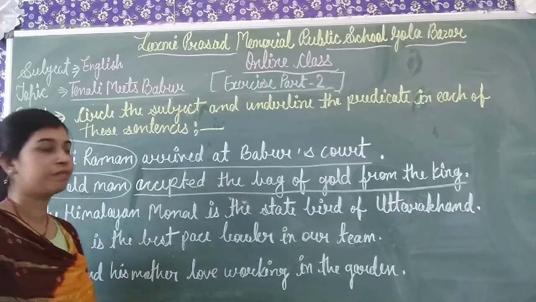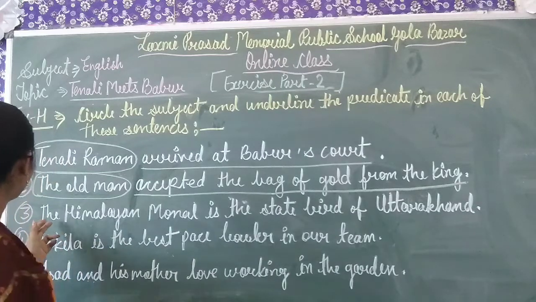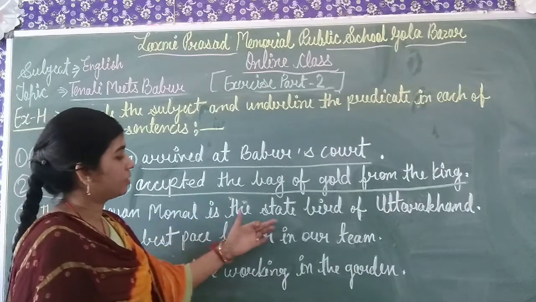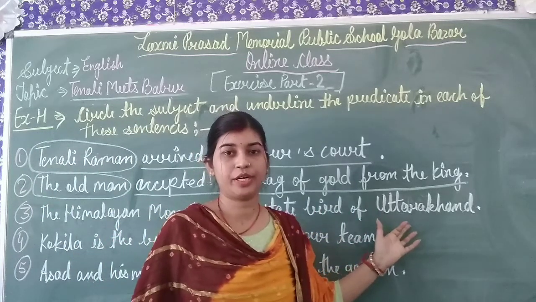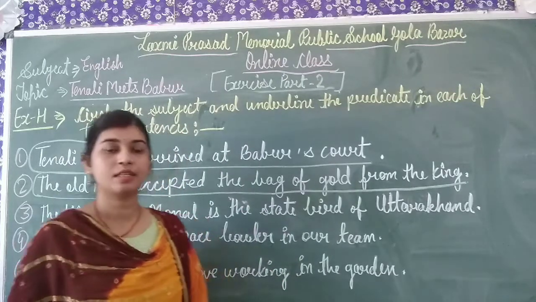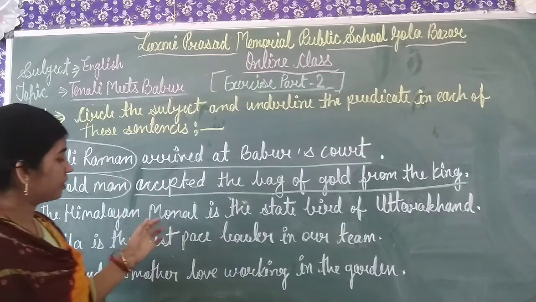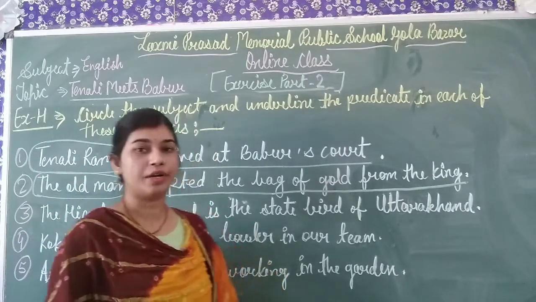Now next number 3, and number 3 is the Himalayan monal is the state bird of Uttarakhand. So students, tell me which part of the sentence is subject? Here the Himalayan monal is subject because it is the name of a bird.